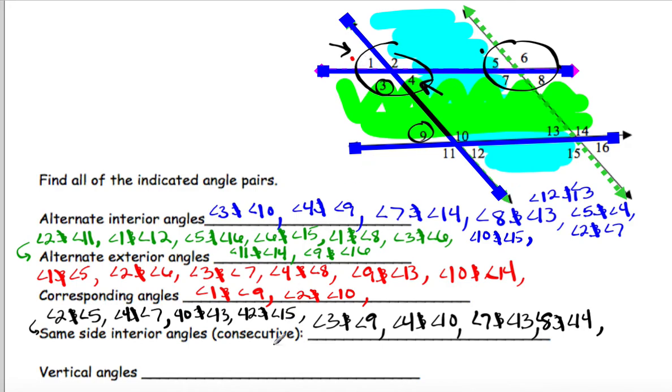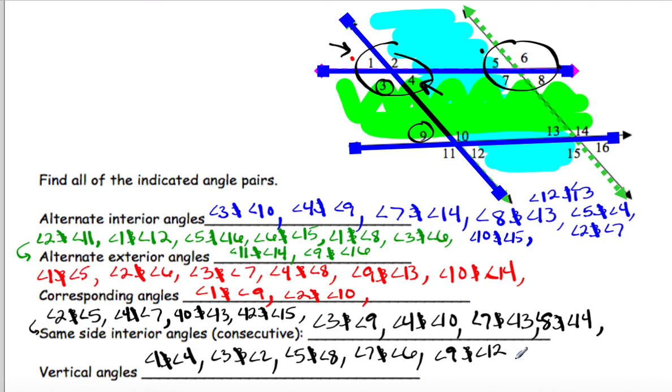Like 1 and 4 are vertical. 3 and 2. 5 and 8. 7 and 6. 9 and 12. I'm just going to put dot, dot, dot. There's many more. 10 and 11, 13 and 16, 14 and 15. Those are all vertical angle pairs.